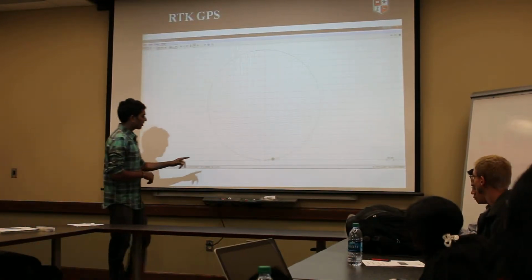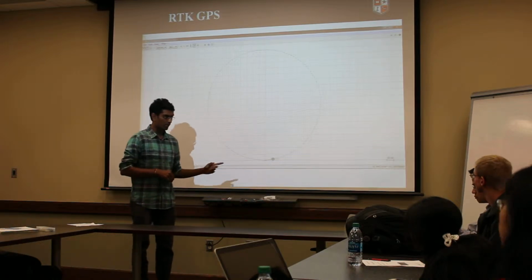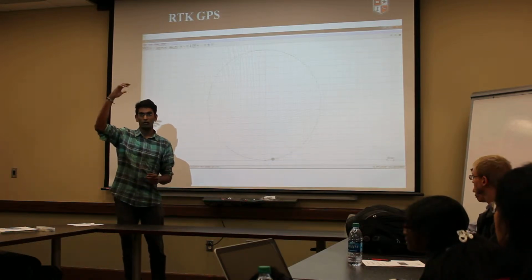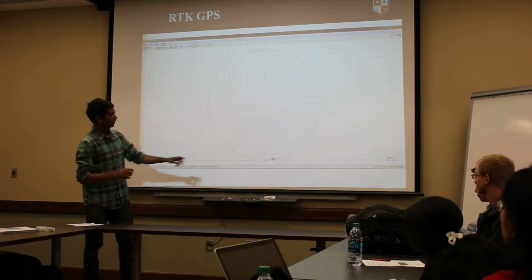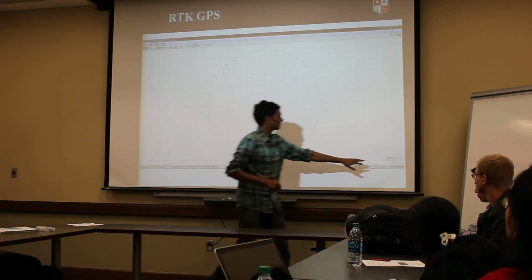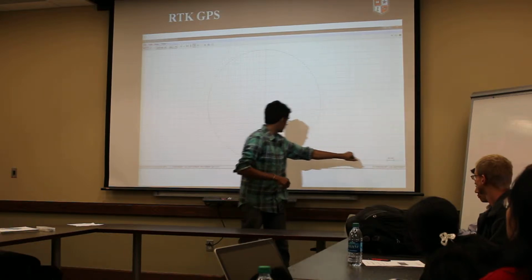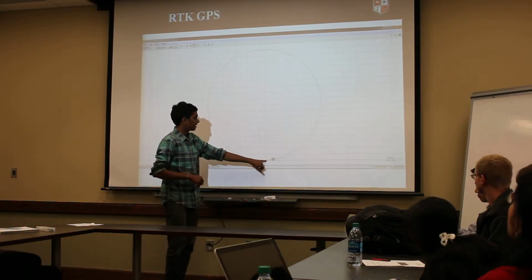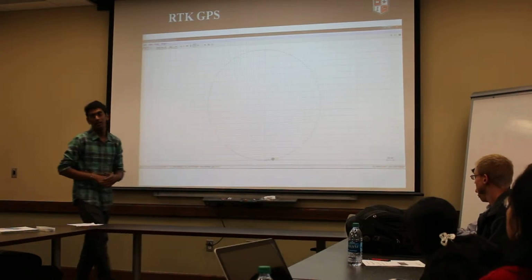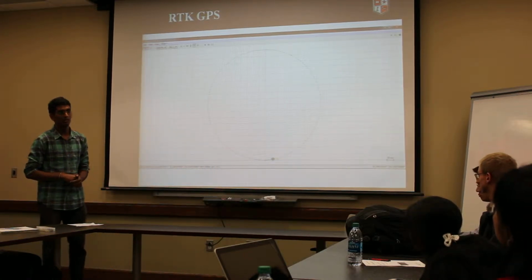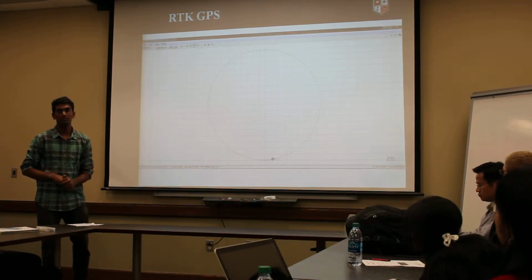This is the plot of the rover antenna attached to the roof of my car, and I just went around a circular path. You can see the scale here, 50 centimeters, and you can see the starting point and ending point exactly coincide. This gives us an idea about the accuracy of the RTK GPS system.